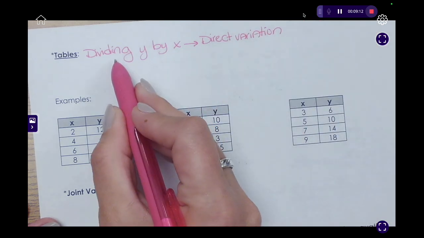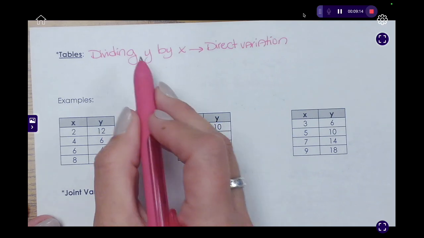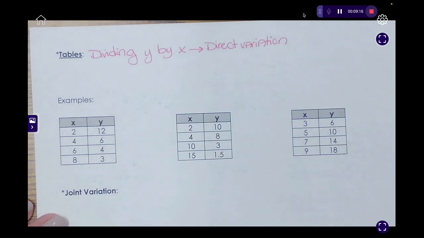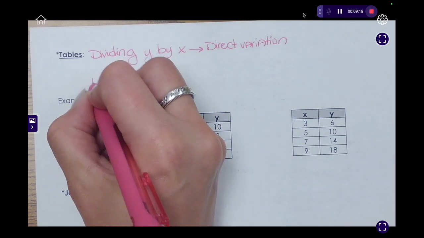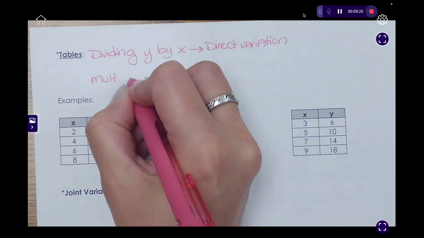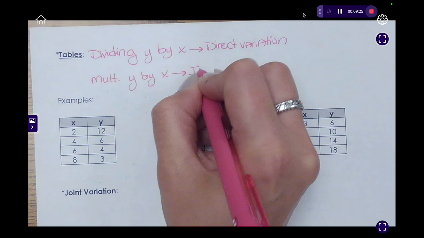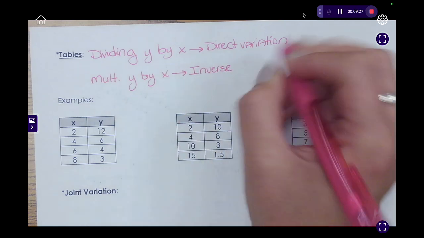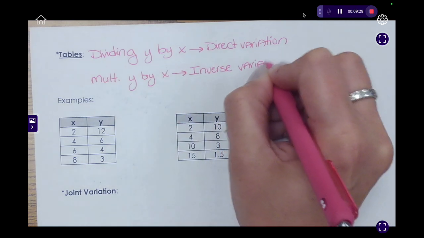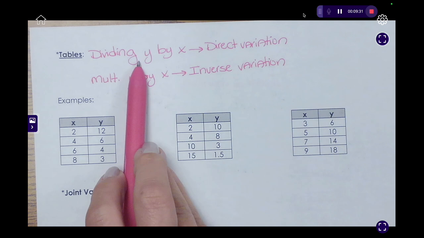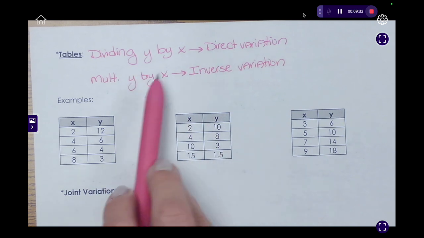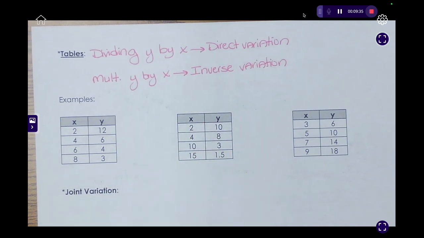So when I'm dividing my y values by my x values, if they're all the same, it's going to be an example of direct variation. If I am multiplying your y by your x and they're all the same, that is your inverse variation. So you have to look at what the operation to get them the same is. So if you're dividing to make them the same, that's direct variation. If you're multiplying to make them the same, that is your inverse variation.